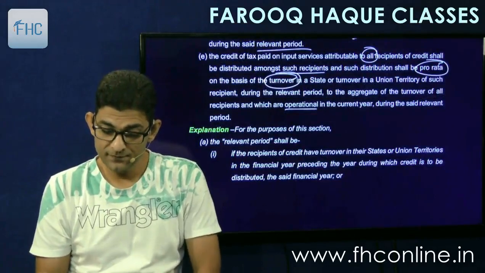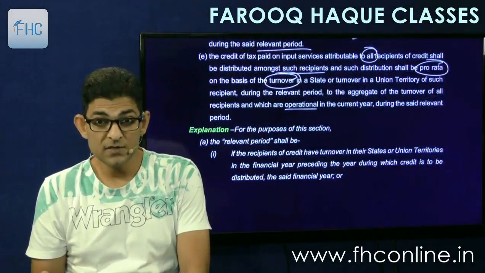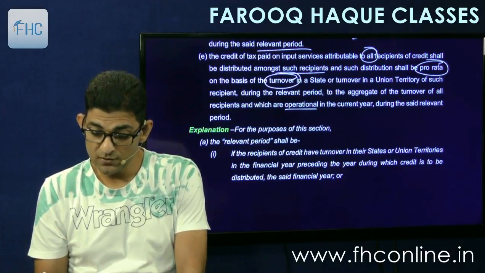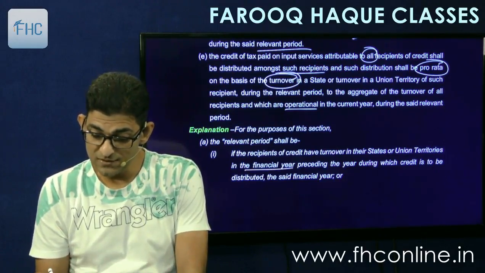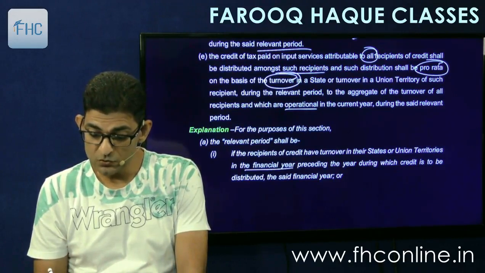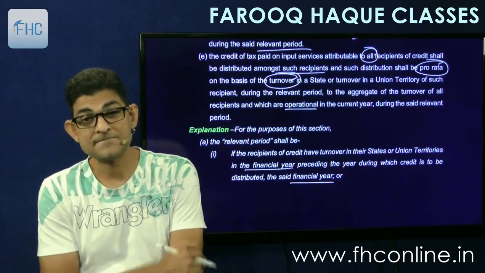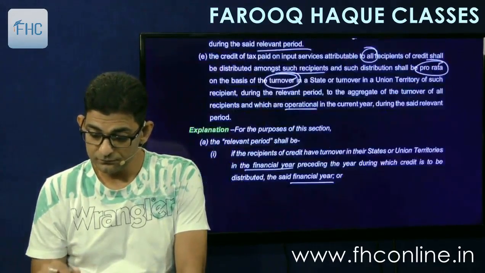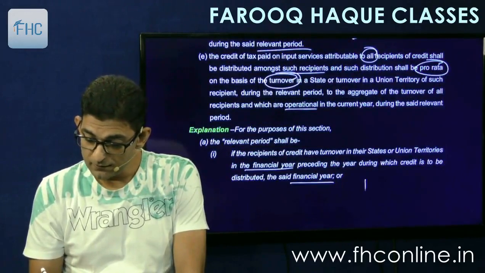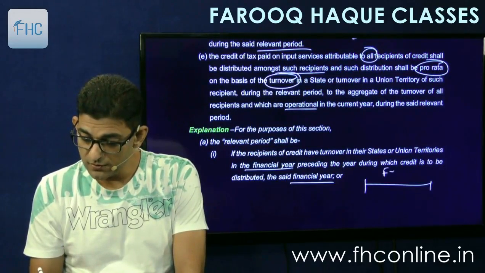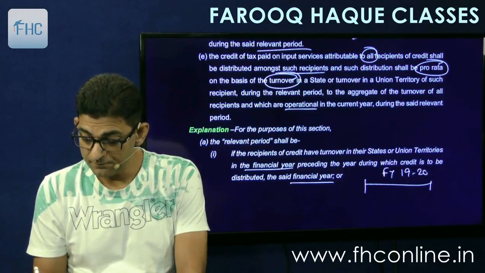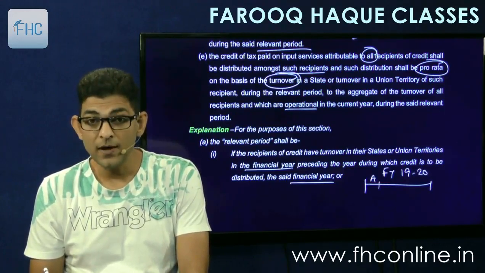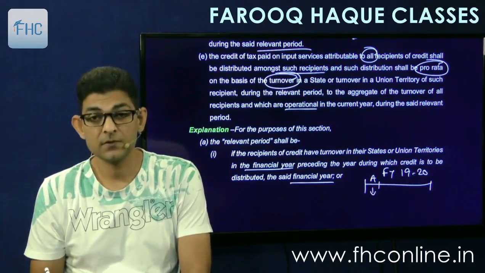And the explanation says, relevant period means what? If the recipients of credit have turnover in their states or union territories in the financial year preceding the year during which the credit is to be distributed, that said financial year. Now see, this is an important point. Say this is financial year 1920, and this is the month of April. A stands for April, and we have to distribute the credits in this month.